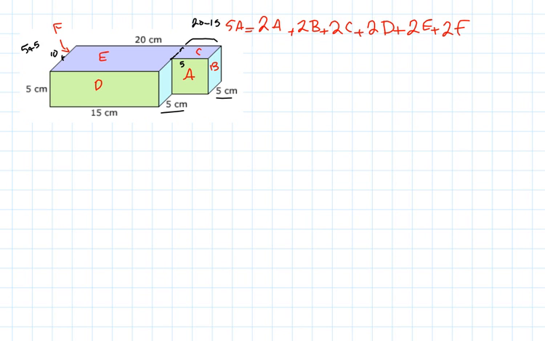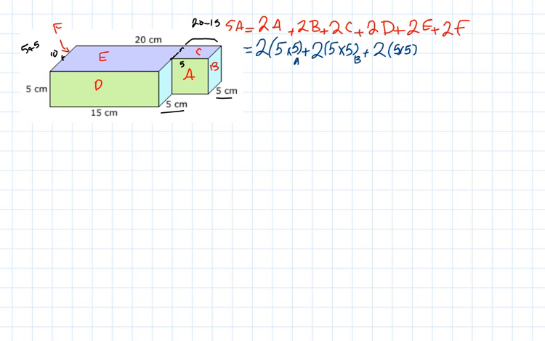The area for A would be 2 times, A is 5 by 5, plus, so that's for A. For B, we have 2 times, B is also 5 by 5, and for C, also 5 by 5.